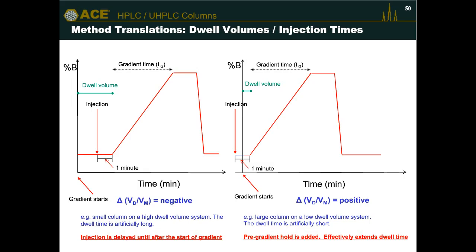So if it's negative, delay our injection to artificially shorten the dwell time. If our second system has a smaller dwell volume, then we want to introduce an isocratic hold at the beginning, so inject earlier, and then we have added dwell. And what that means is your analytes see the same gradient profile.